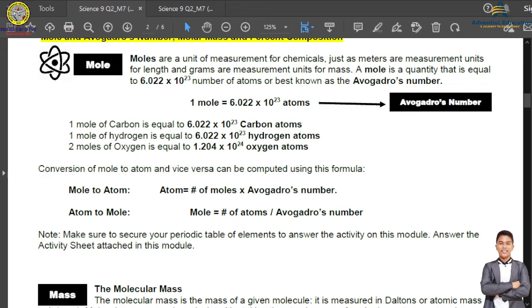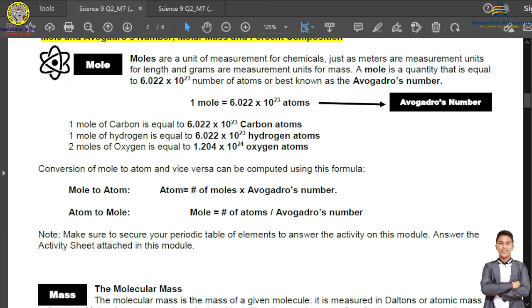I don't know what the unit is, because tens, billions, trillions, quintillions, it is more than that. That is how big the number of atoms in a certain element is, because an element is made up of atoms.